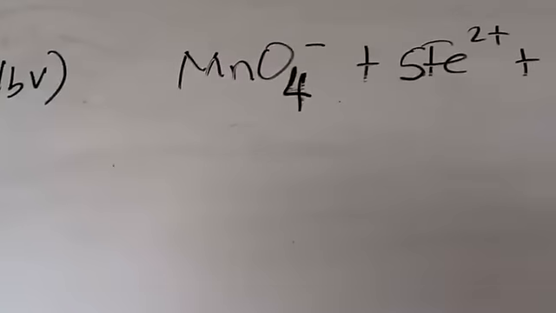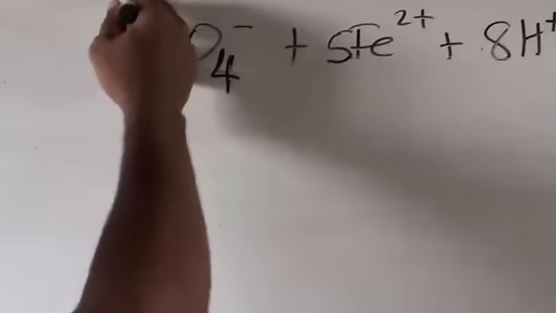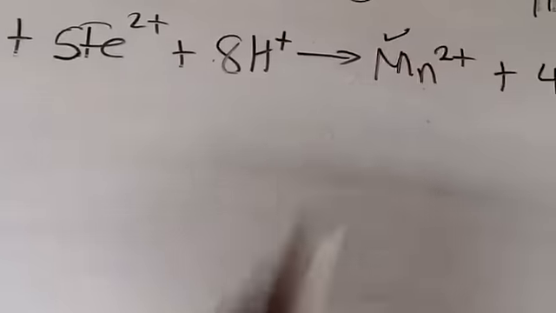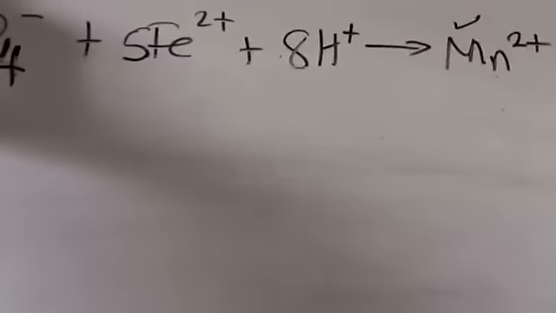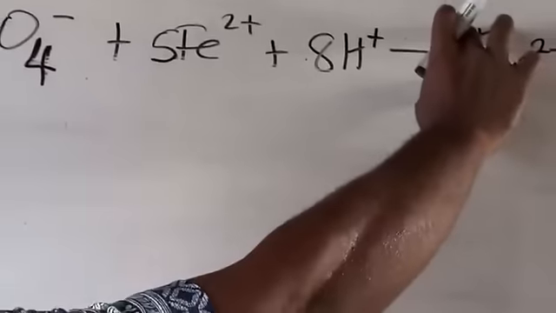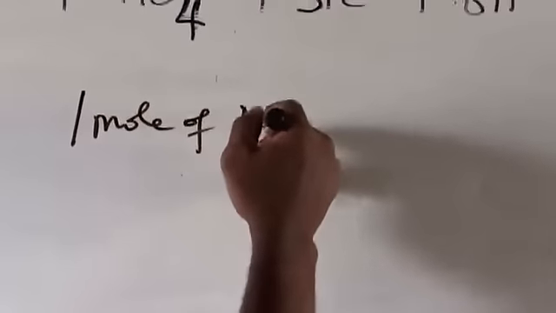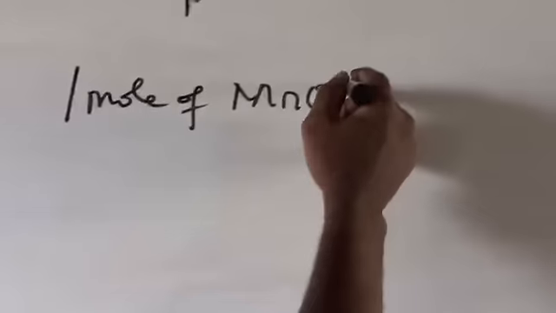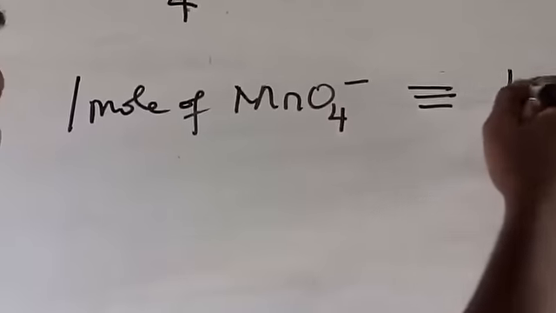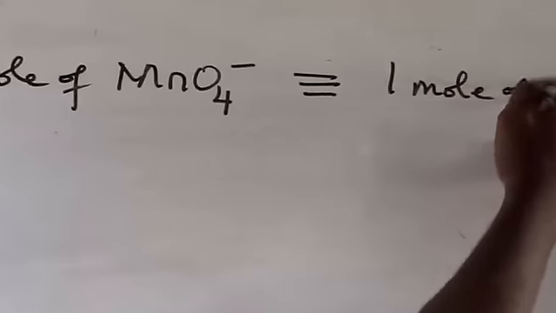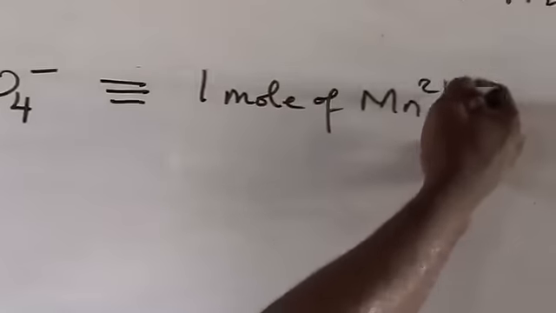We'll connect the manganese 7 ion to the manganese 2 ion. You see that 1 mole of this gave us 1 mole of that. Now write 1 mole of the manganese 7 ion produces 1 mole of manganese 2 ion.